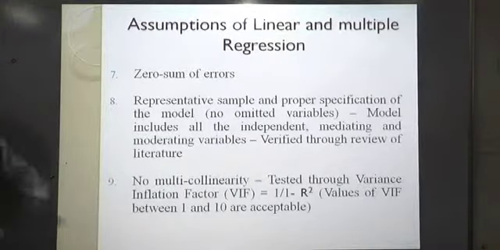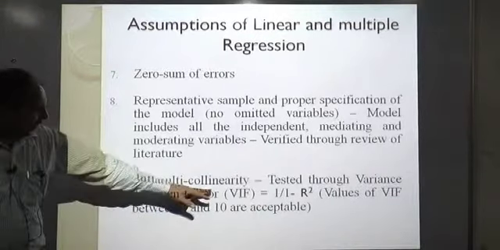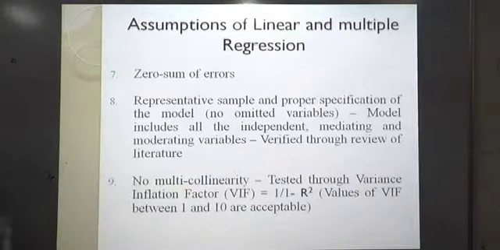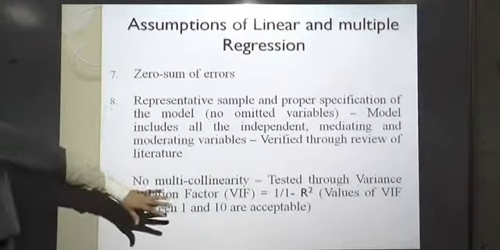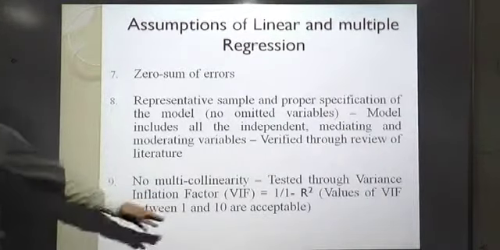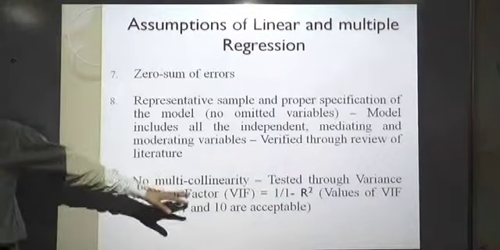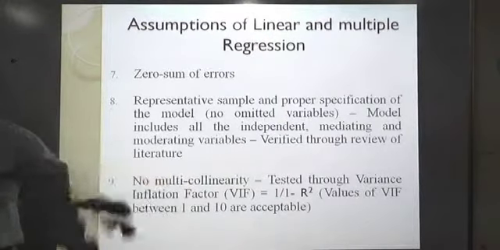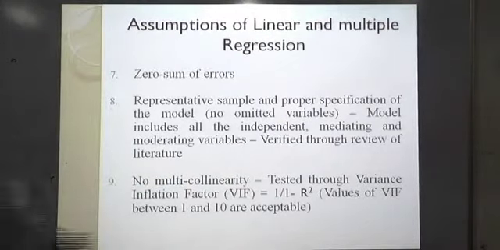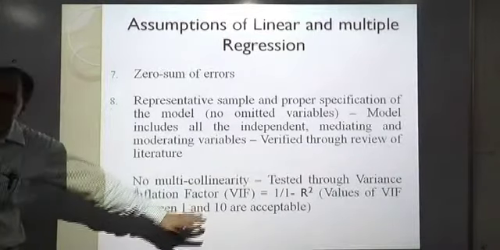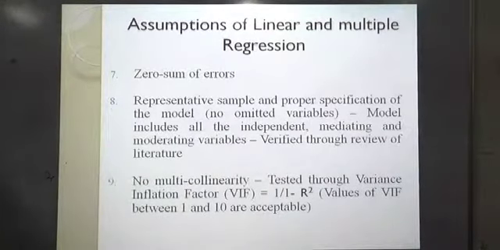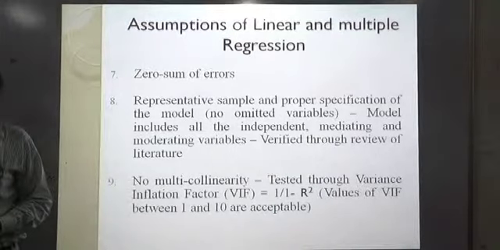So we are testing it using VIF, and the value of VIF should be between 1 and 10. What it means is that multicollinearity to a certain extent is accepted, but your VIF values should not go beyond 10. Then multicollinearity becomes unacceptable.